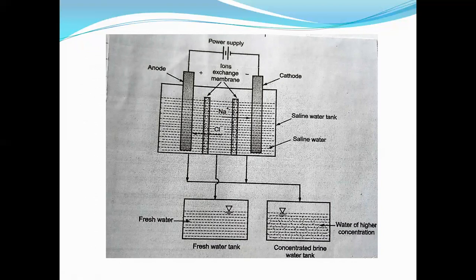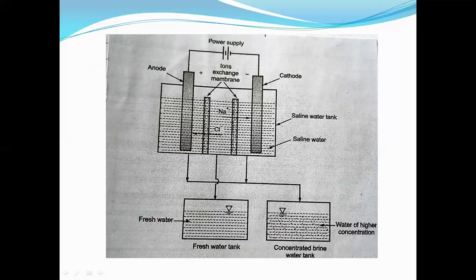The anode is the electrode through which conventional current flows, that is, positive charge of current flows through the anode, and into the cathode the negative charge of current flows.